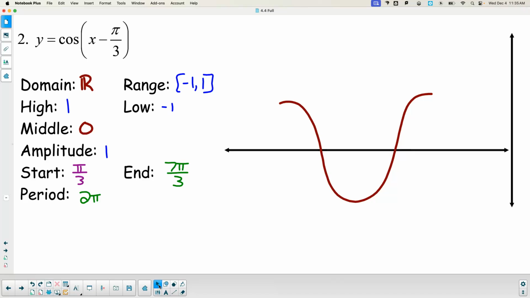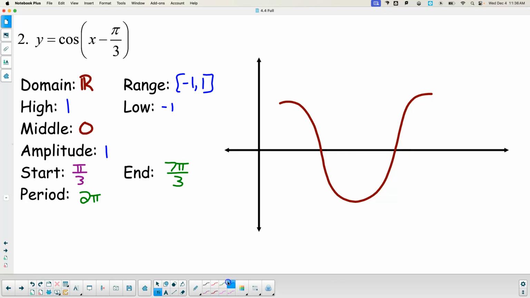I started at pi over 3, which means I'm going to be somewhere like that. Now I've got to fill in -1, 0, +1. Pi over 3, 7 pi over 3.